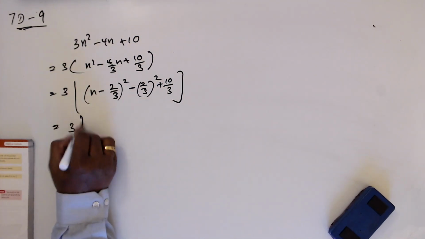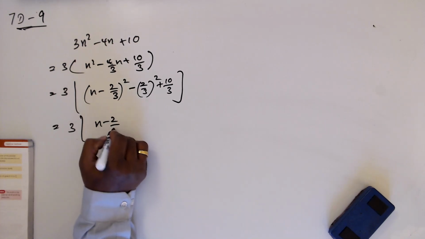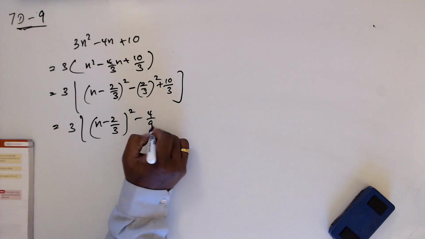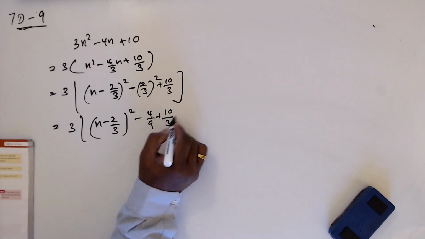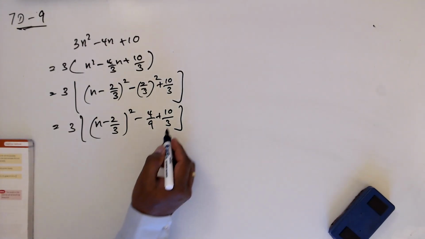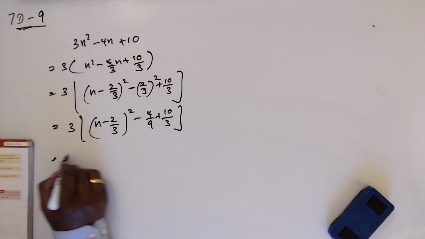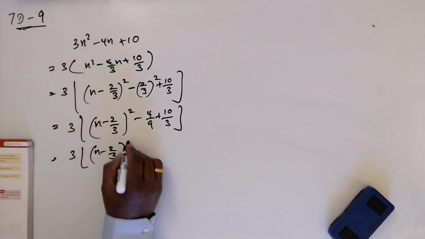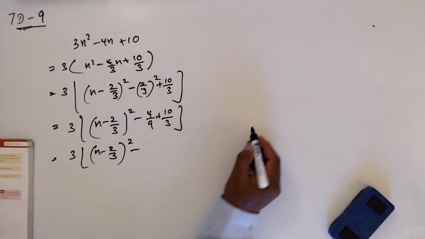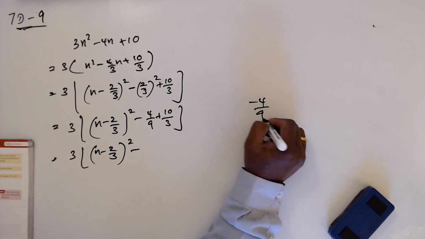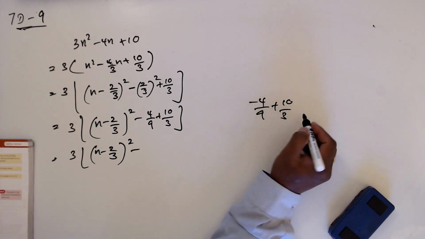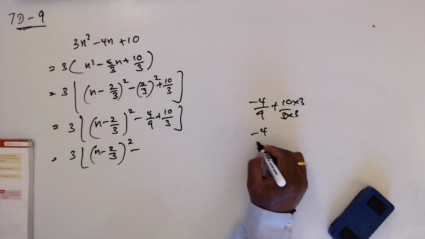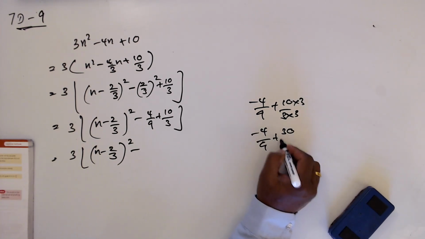So 3 times n minus 2 over 3 squared, minus 4 over 9 plus 10 over 3. So what is the answer? Minus 4 over 9 plus 10 over 3. Multiply by 3 both up and down: minus 4 over 9 plus 30 over 9.